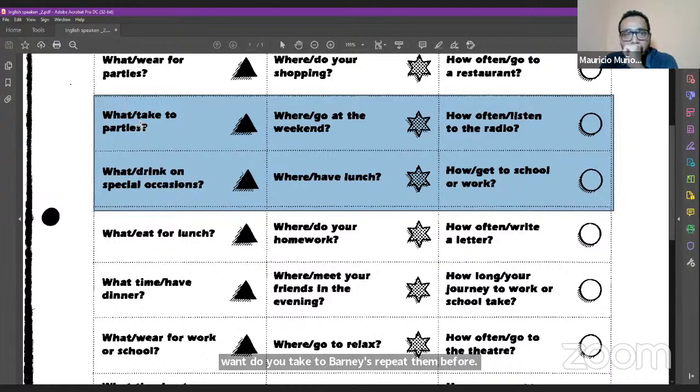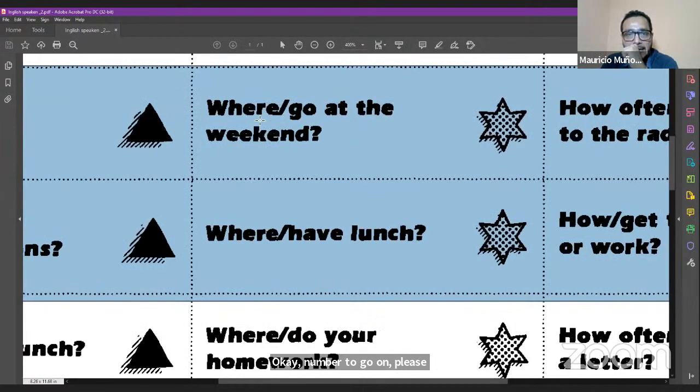What take... To parties. Okay, number 2. Go on, please. Where do you shopping? No sé cuál está viendo usted, amigo. Le toca esta. Ya. Make the question, please.